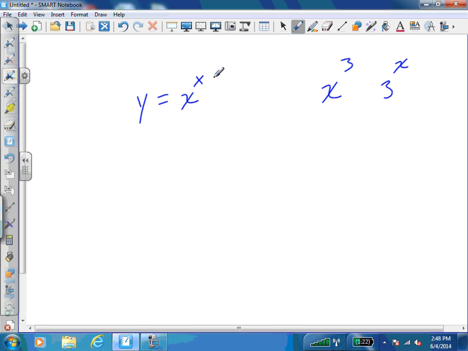So we don't really have a formula for doing that derivative. But we've done something before called logarithmic differentiation, where we start by taking the log of both sides. Or we could even take the natural log of both sides.